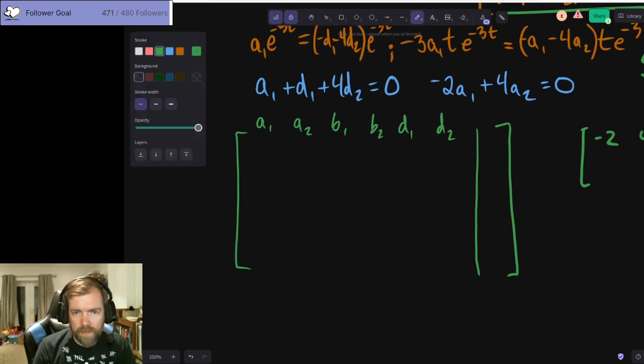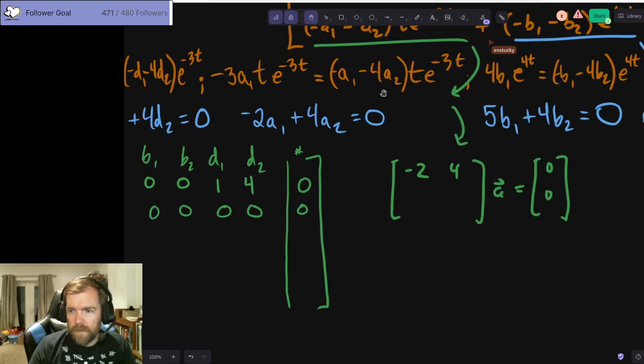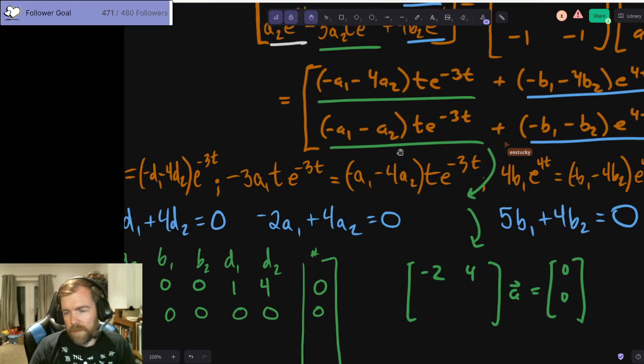So with the first couple here that I wrote, we get a 1, 0, 0, 0, 1, 4, 0. Negative 2, 4, and all zeros. Right, I mean, Stucky's is probably more efficient because it's just one at a time.